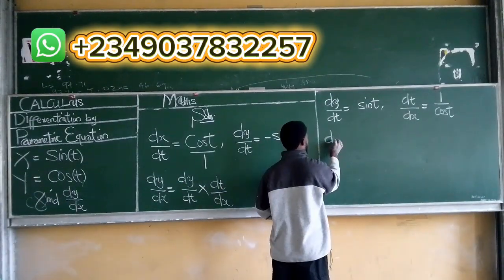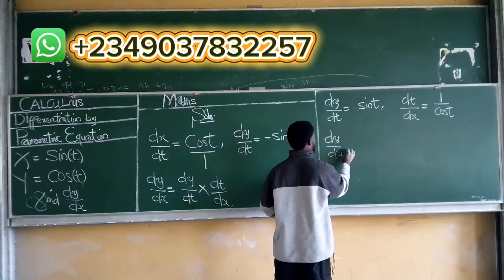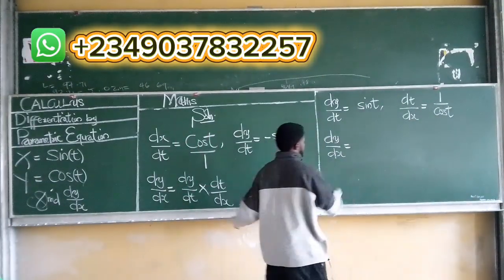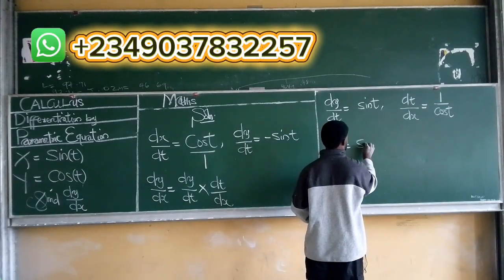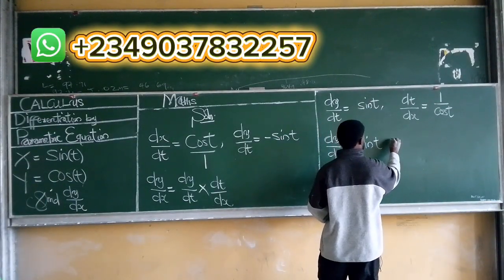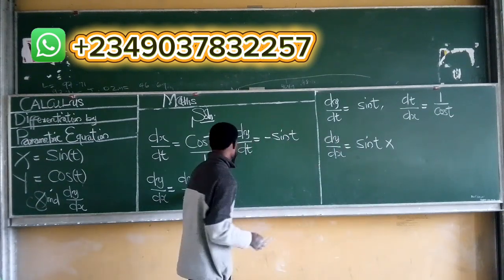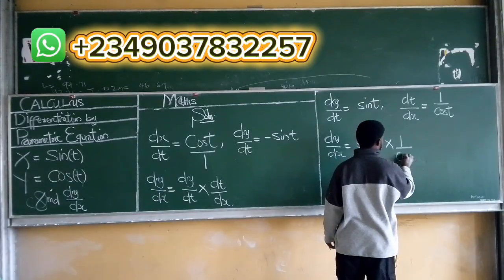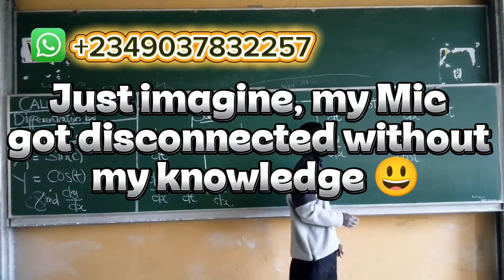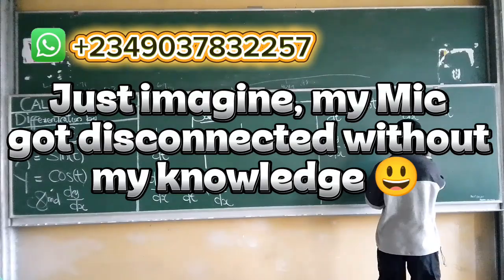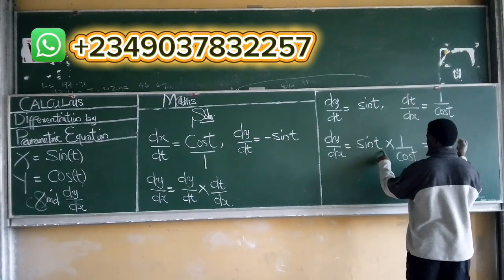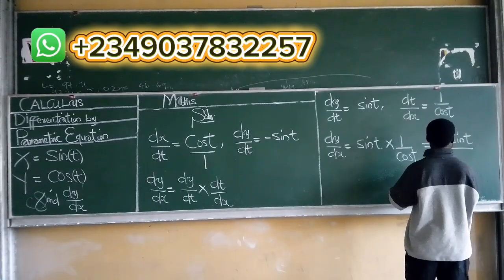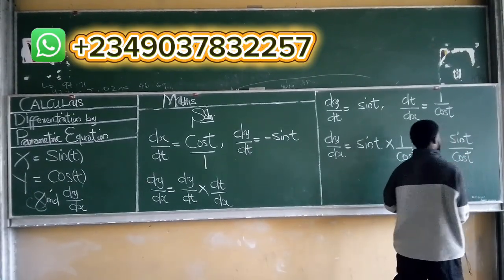Therefore, dy over dx will equal dy over dt, which is sine t, times dt over dx, which is 1 over cos t. So this gives sine t times 1, which is sine t, divided by cos t.